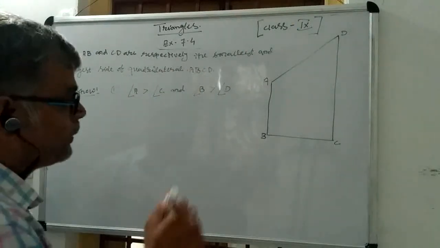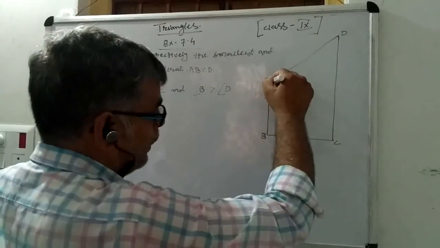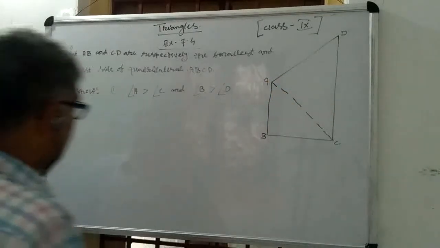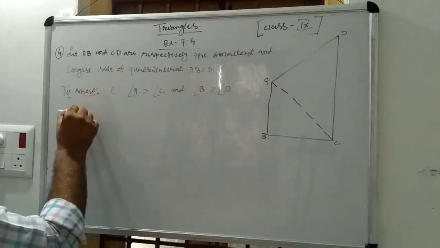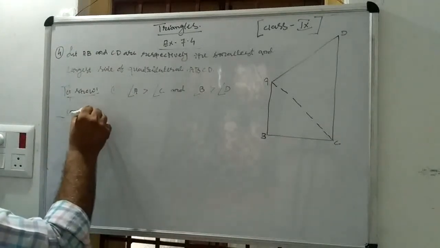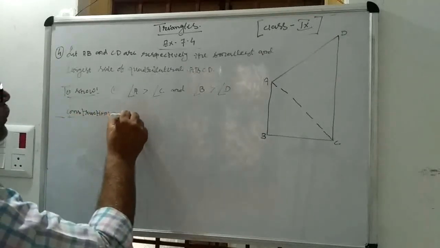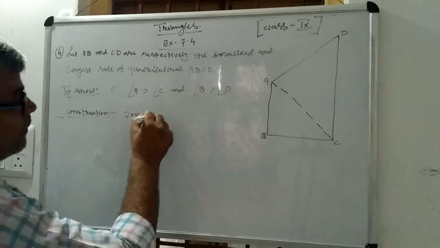To prove this, we need a construction. Construction is that join AC. So write construction. In construction you may write join AC.